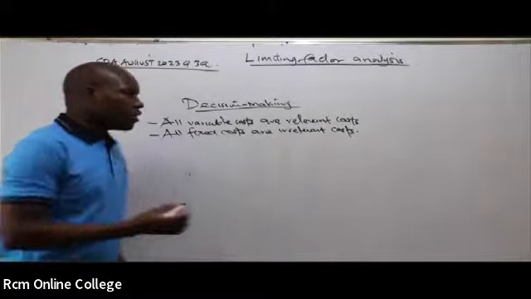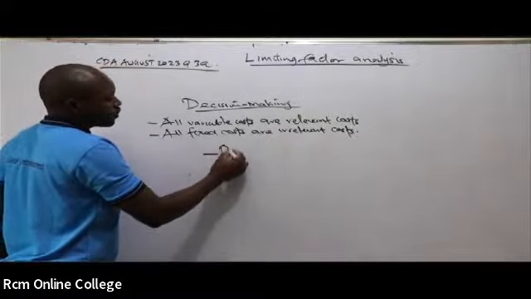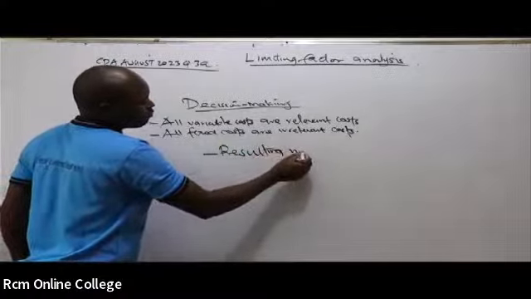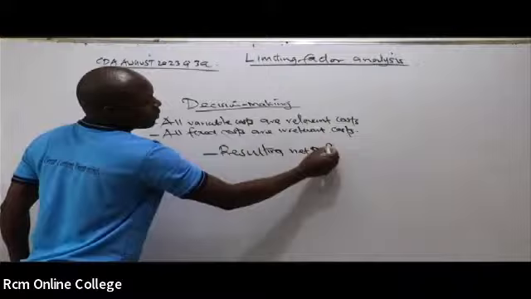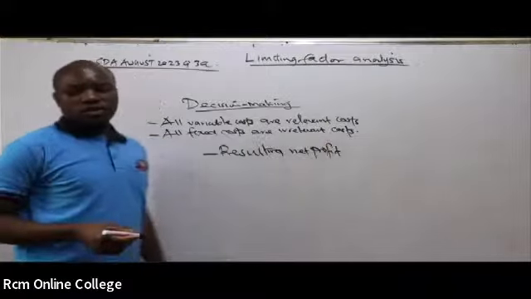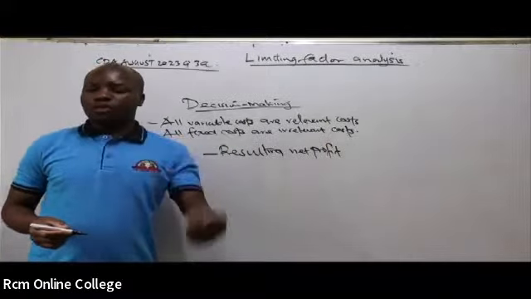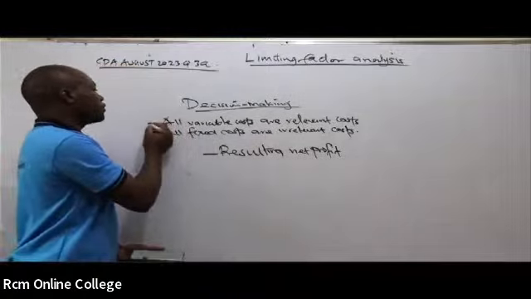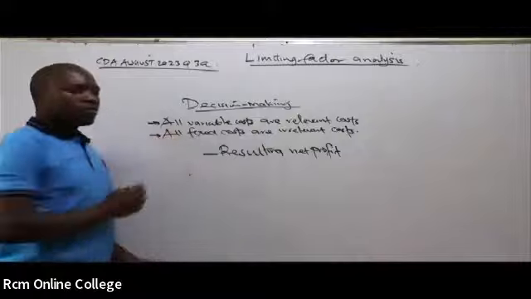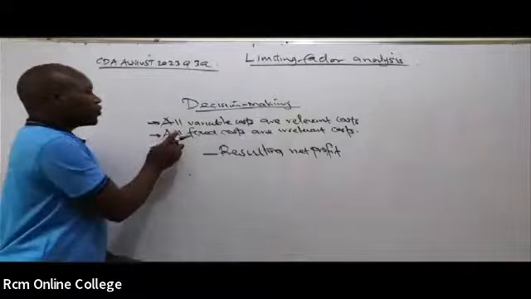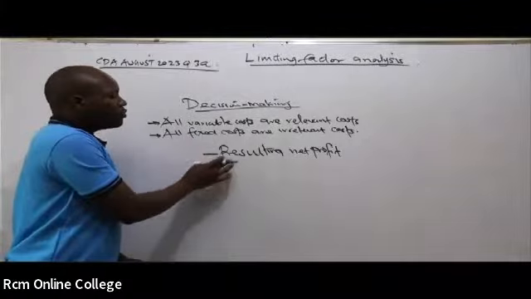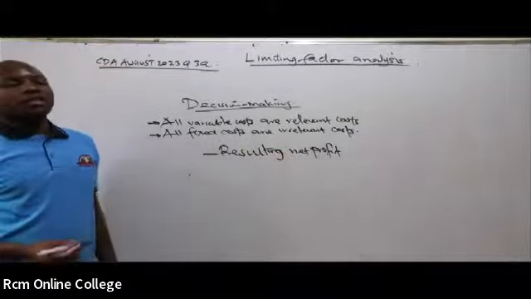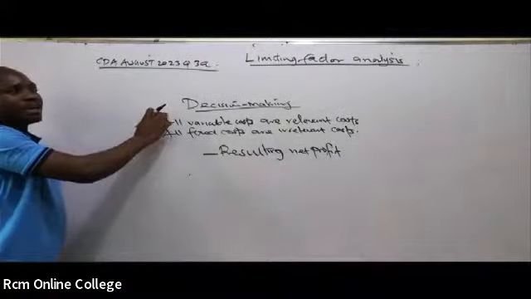So even though the examiner will tell you to give the resulting net profit, as you give the resulting net profit at optimal point of operation, already you've made a decision by the help of the variable cost. So the fixed cost just comes in to help you get the resulting net profit. But in terms of decision, you make it based on the variable cost.